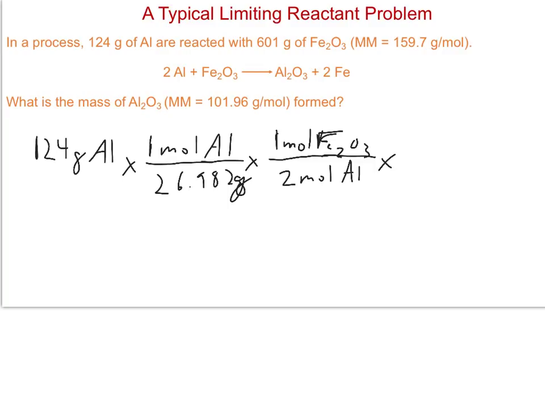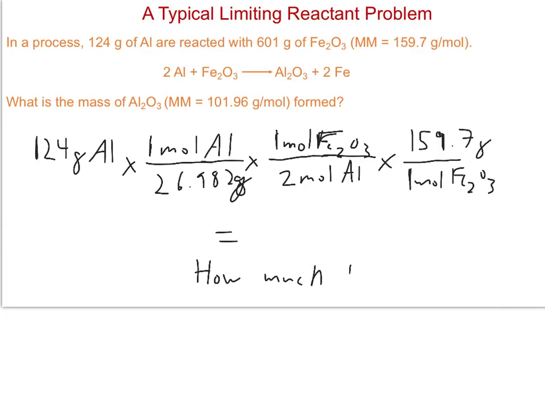And then we multiply by the molar mass of Fe2O3. 1 mole weighs 159.7 grams. And this calculation tells us how much Fe2O3 is required.